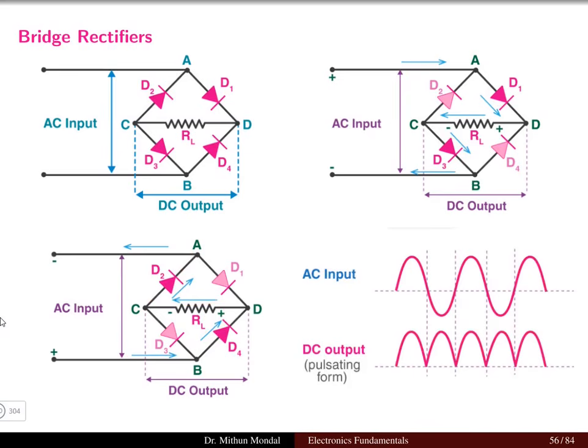So both the positive half and the negative half of the input AC cycle are getting rectified, giving a full DC output in the pulsating form. After this we can have a filter connected to get a constant DC voltage.